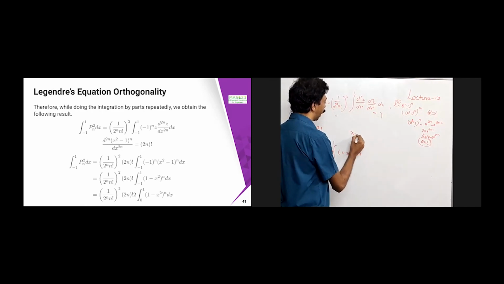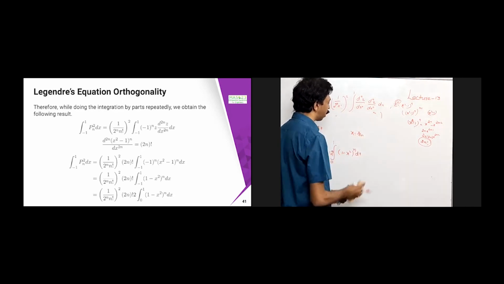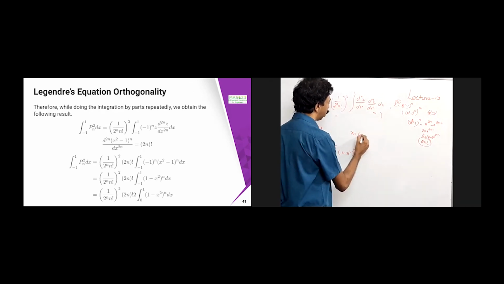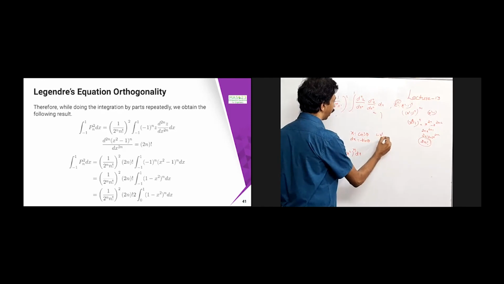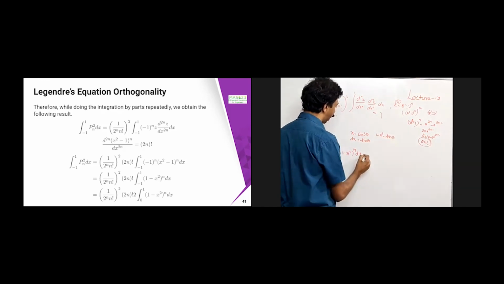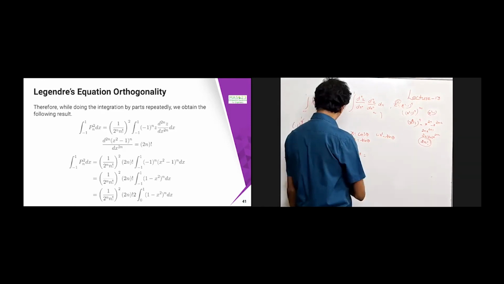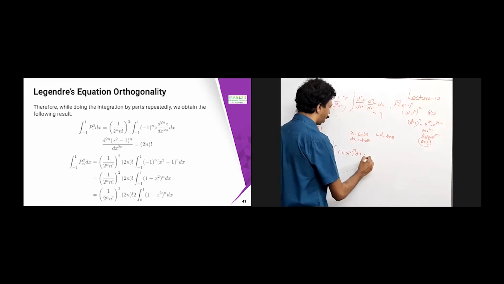Now put x equal to cos theta. Then dx becomes minus sine theta dθ, and 1 − x² becomes sine squared theta. The remaining terms are as it is.